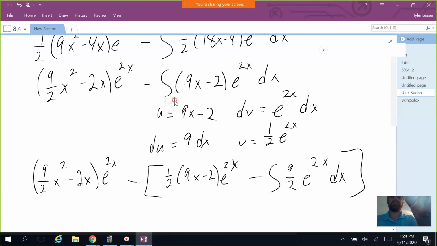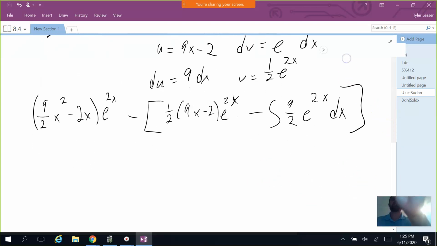This integral, we did another integration by parts. So this, with the minus sign, stayed out front, but the integral itself I put into brackets with the u times v, and then minus the integral v du. Okay, simplifying stuff down.